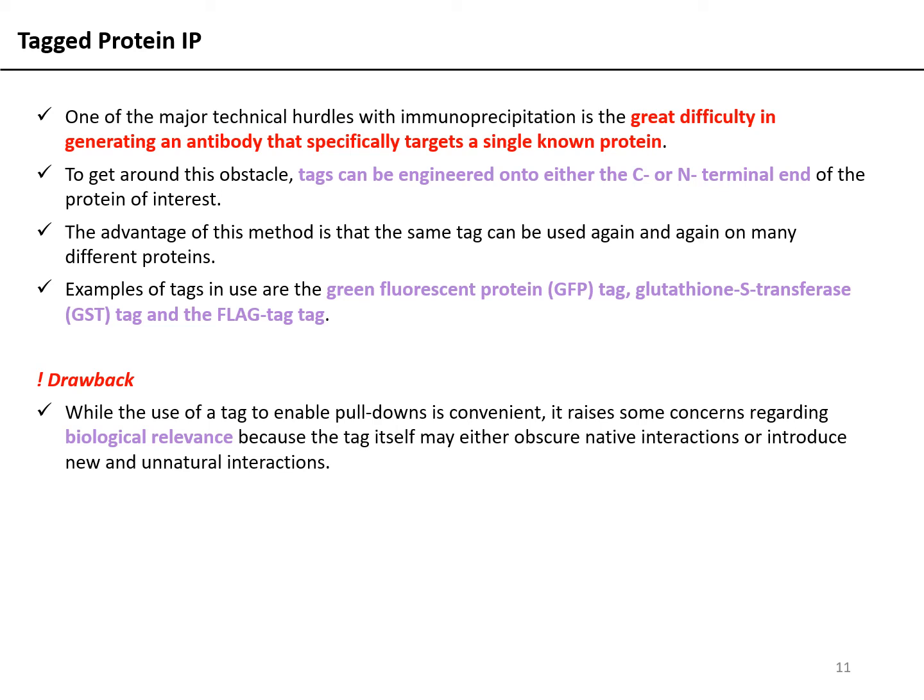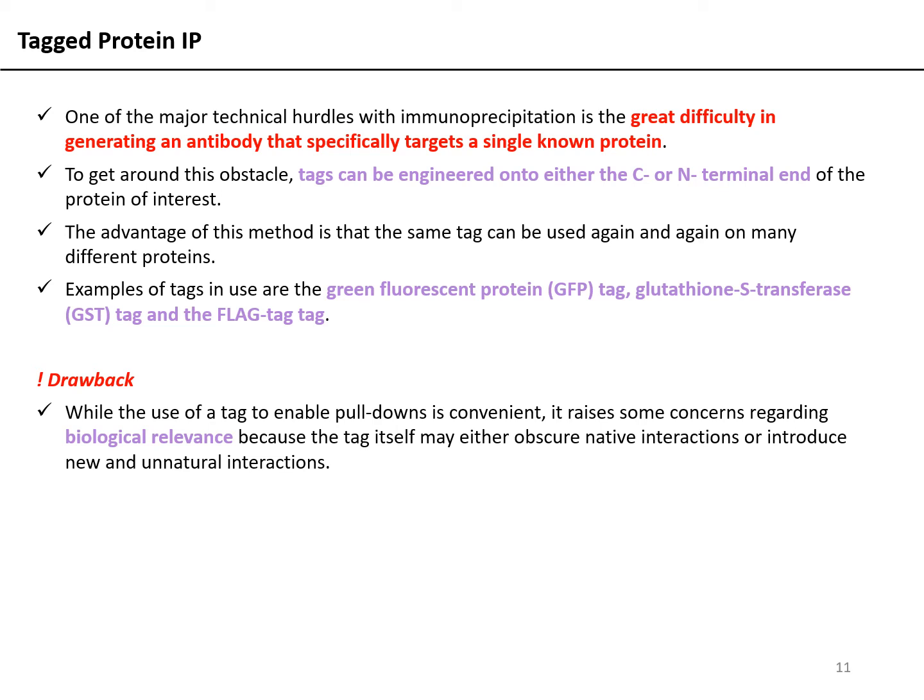And this is the same for introducing tags to proteins in case of any experiment you want to perform, regardless of whether it is IP. For any experiment you want to perform, the moment you introduce a tag to your protein, you have to keep in mind a couple of things.